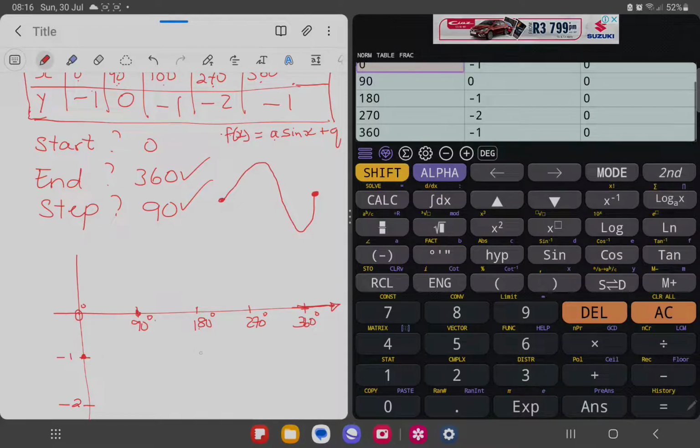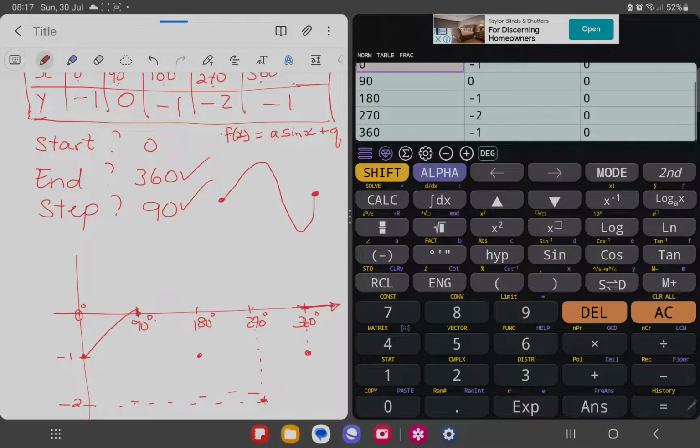When x is 270, y is -2. They meet at this point. Then when x is 360, y is -1. Then you've got how many points? 1, 2, 3, 4, 5. Then you join all the points.